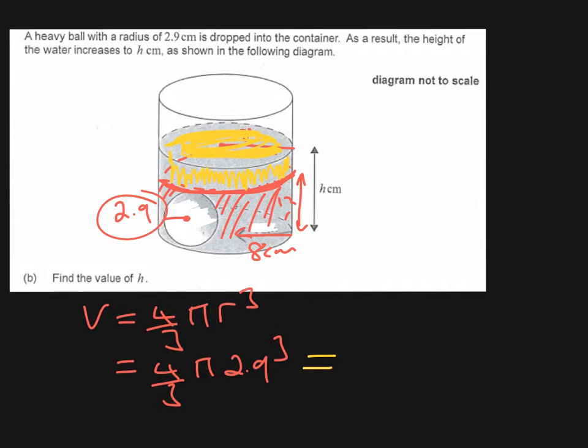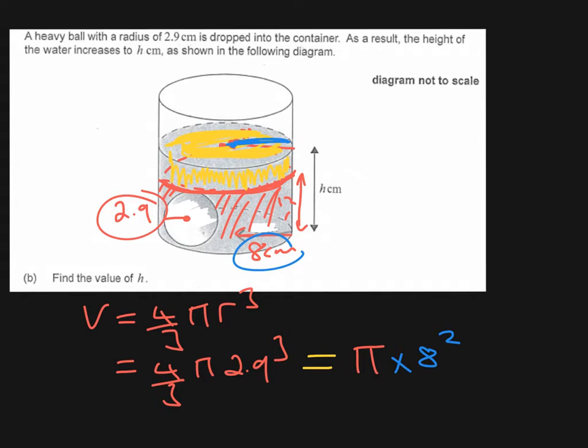And we've also got a formula for the volume of a cylinder, or this yellow section here, which is going to be the cross-section area, so the base, which here is a circle, so pi times the radius of the yellow section here, which is going to be the same as the base, which is 8 centimeters. So pi times the radius squared multiplied by the height.